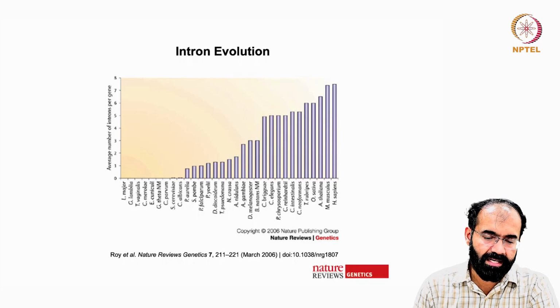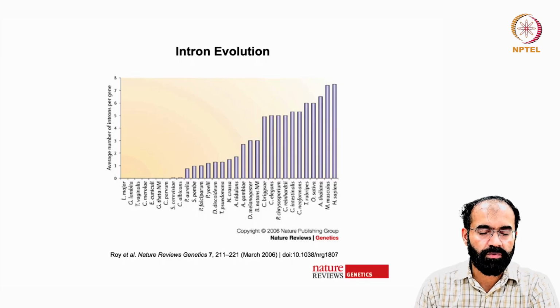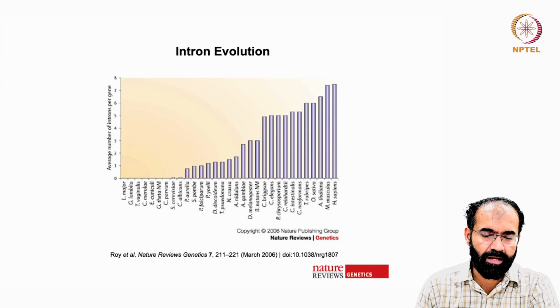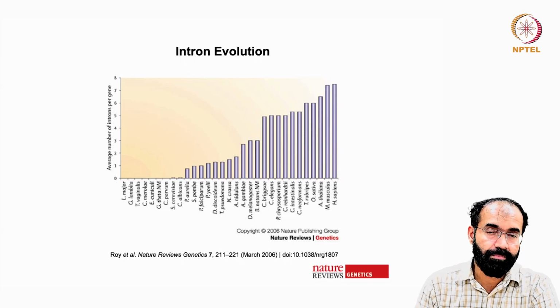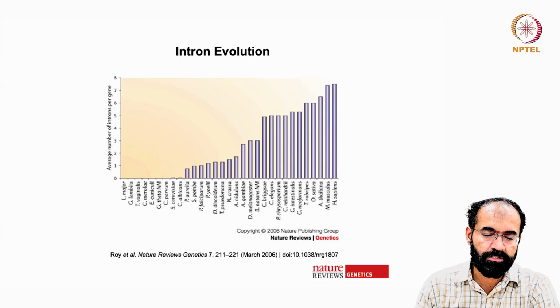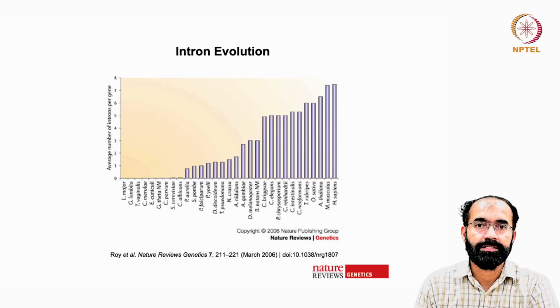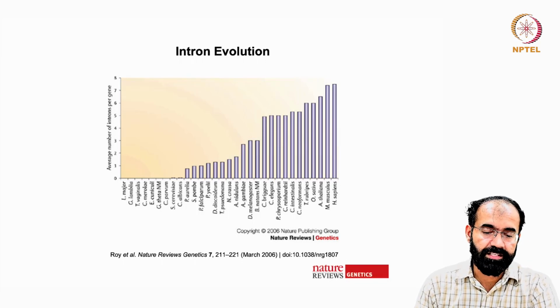As you can see here, from yeast onwards, Saccharomyces pombe, Saccharomyces cerevisiae, etc. This is the origin from yeast, and Saccharomyces cerevisiae has a very minimal number of introns. Saccharomyces cerevisiae is the baker's yeast, and Saccharomyces pombe is fission yeast.